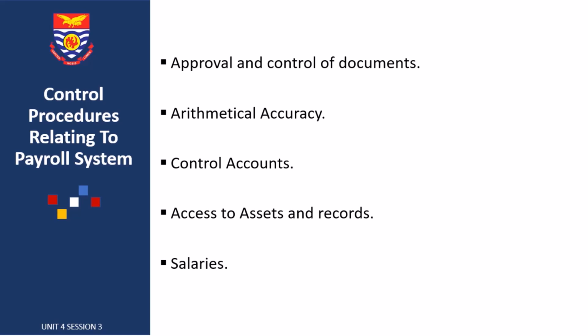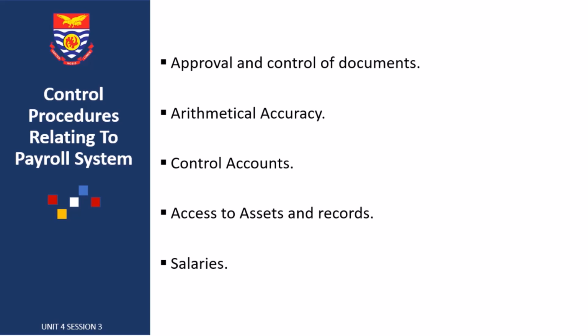First of all, there has to be approval and control of documents. We are basically saying that there should be a written authorization to employ or dismiss any employee in accordance with the company's procedures and legal requirements. If you have a change in rate of pay, it should be authorized in writing by the human resource department, and this must be reflected.